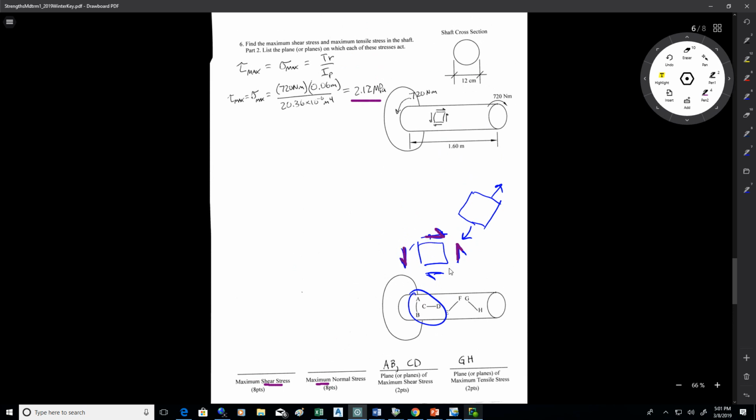The other two meet in the middle, or excuse me, at the corners they meet. So you can see that these two stresses right here will combine and get you a normal stress pulling out that way, whereas these two on this side will get you a normal stress pulling that way. There we go. Okay, so the plane for maximum tensile stress is GH, this plane right here.